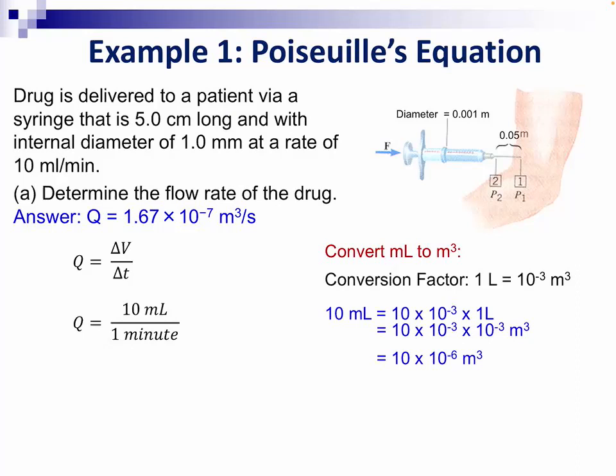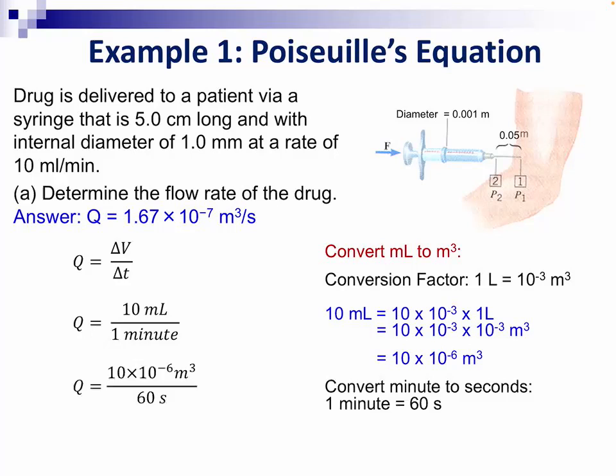In the end, you have 10 times 10 to the minus 6 cubic meters for the volume. And the time, 1 minute is 60 seconds. So you do the calculation, volume in cubic meters divided by the time in seconds, and you have this flow rate of 1.67 times 10 to the negative 7.